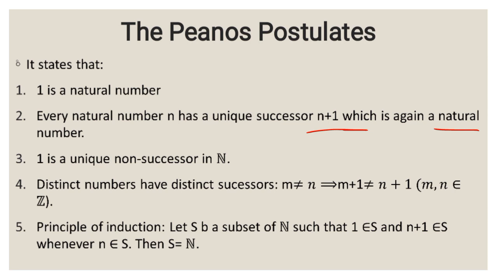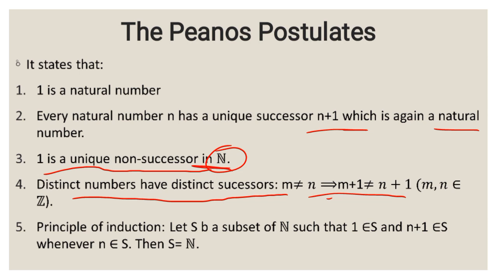It also states that 1 is a unique non-successor of the set of natural numbers, the counting numbers. Okay, 1 is a unique non-successor. And the fourth one says that distinct numbers have distinct successors. Okay, and satisfying this condition you see on the screen.